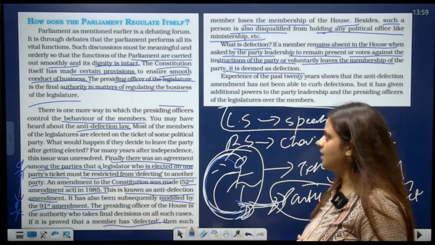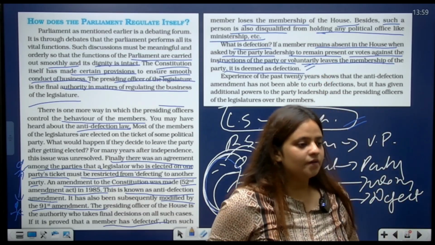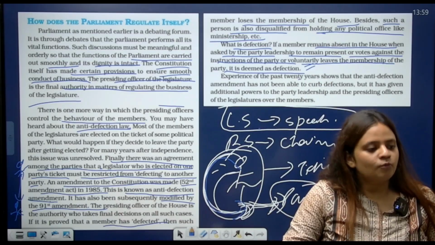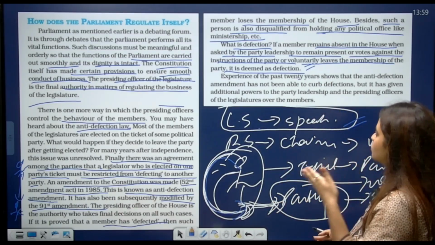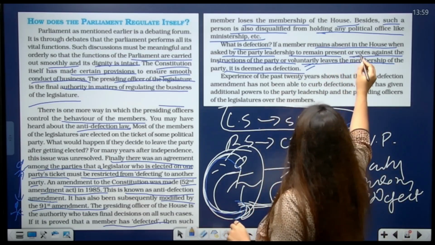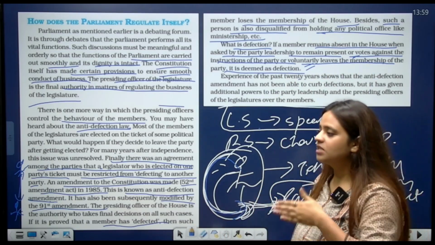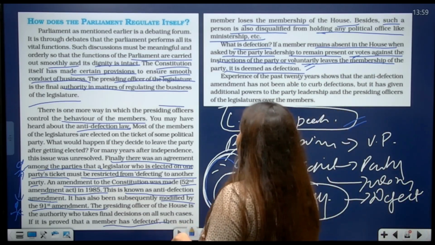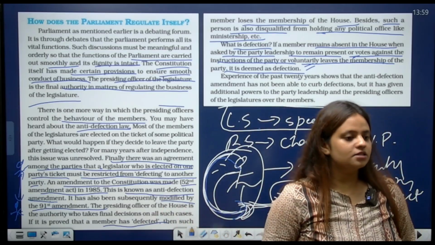So one case is that he voluntarily leaves the party. The second case is that he goes against the instructions of the party: if he does not vote in favor of the party, if he votes against the party, or if he does not come to the meetings, then also it can be said that he is defecting.